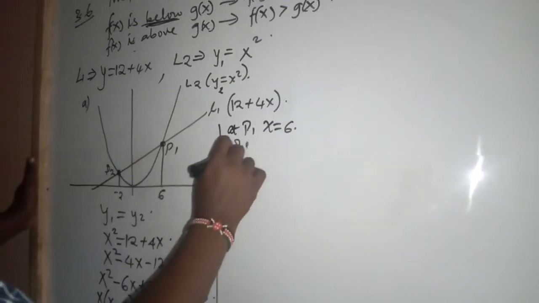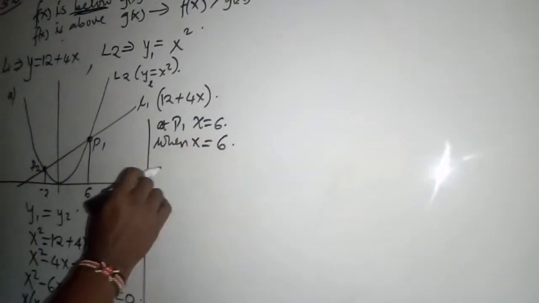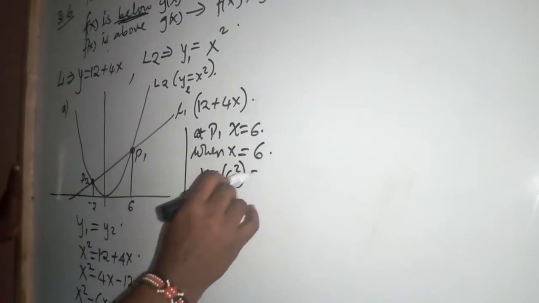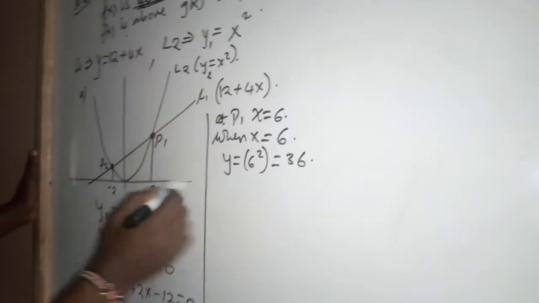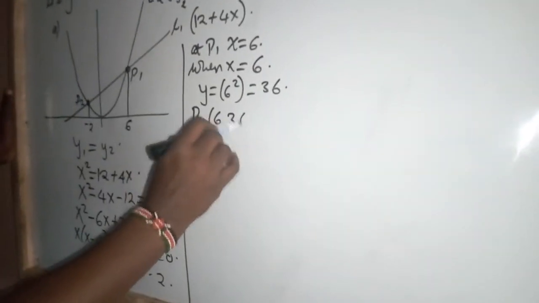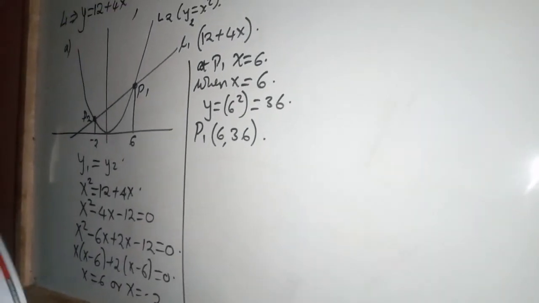So when x is positive 6, then y becomes 6 squared, which is 36. So the coordinates of point P1 are (6, 36).